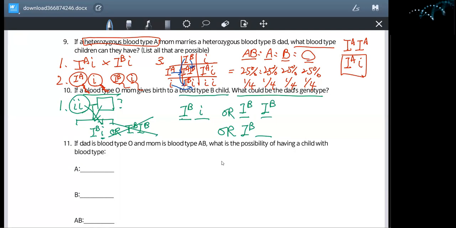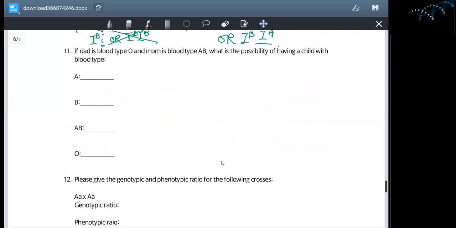Big IA. Right? So these are all possible genotypes for daddy. As long as he has one big IB, he can give birth to a blood type B child.